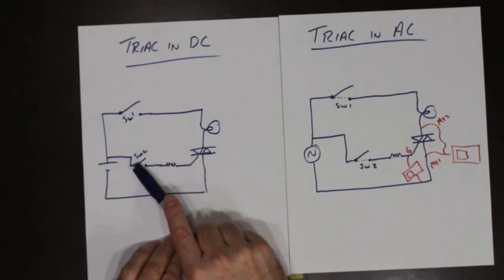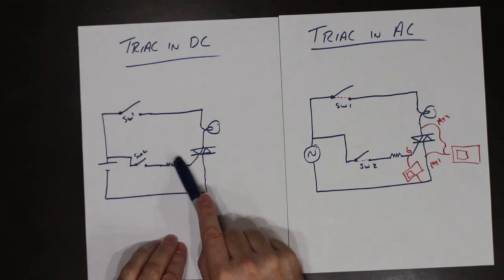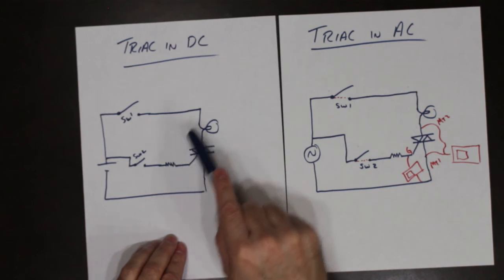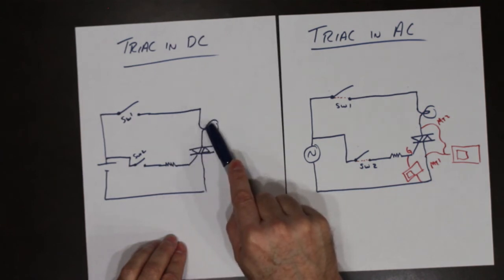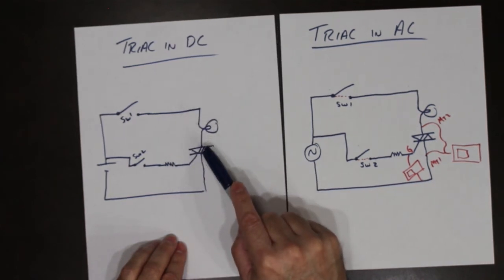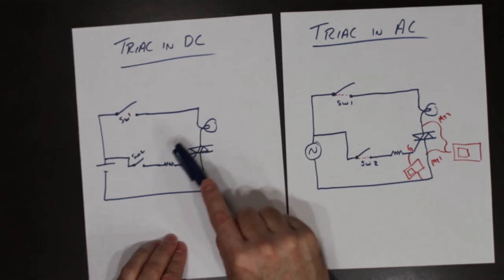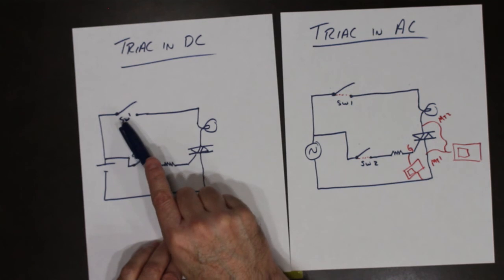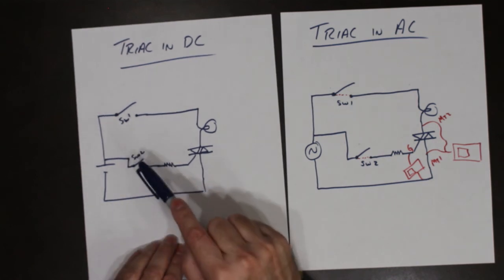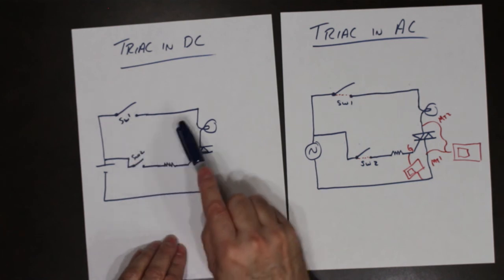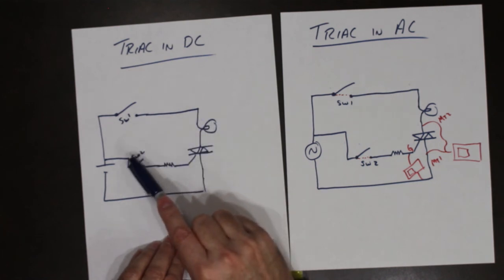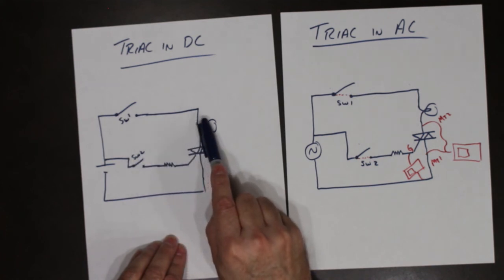If I open up this and remove the gate voltage, the light bulb will remain on because the thyristor remains conducting. And this will stay until I open up that switch and stop the current. So once again, I close the 2 switches, the light bulb comes on. I open up the gate switch, the light bulb remains on.